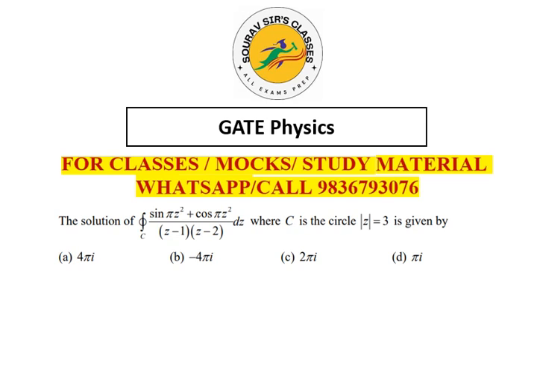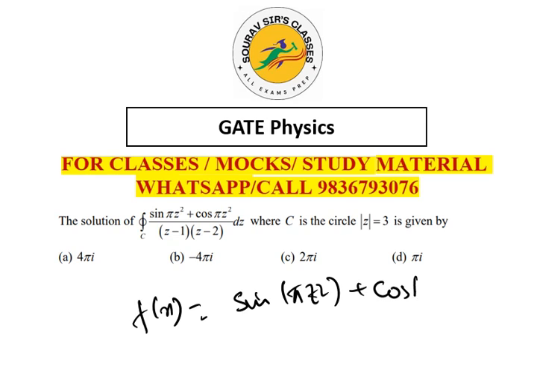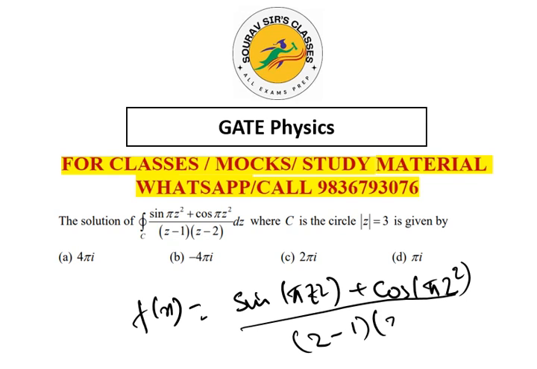Let's write the integrand as f(z) = (sin(πz²) + cos(πz²)) / ((z − 1)(z − 2)).